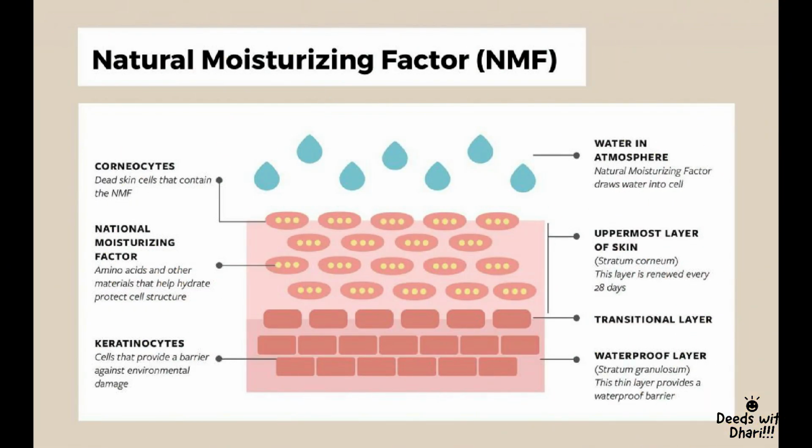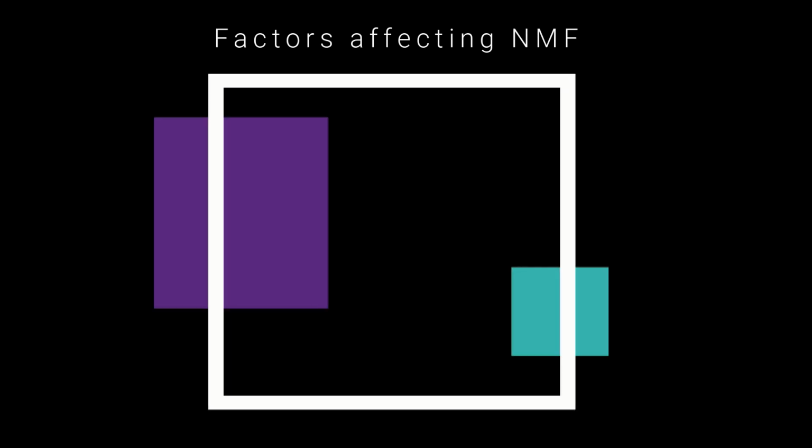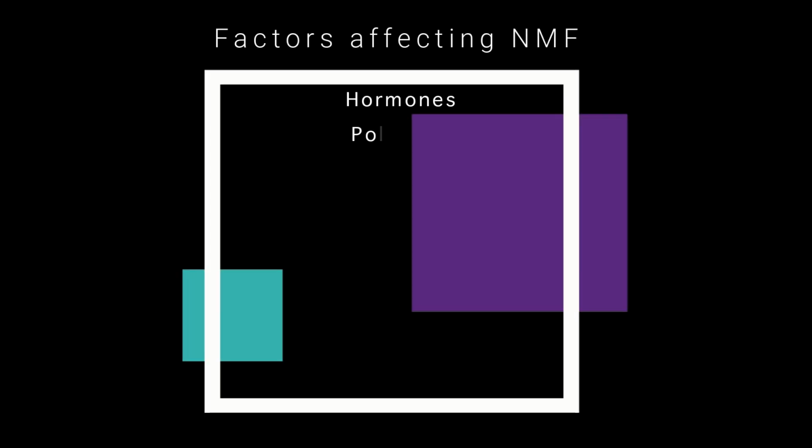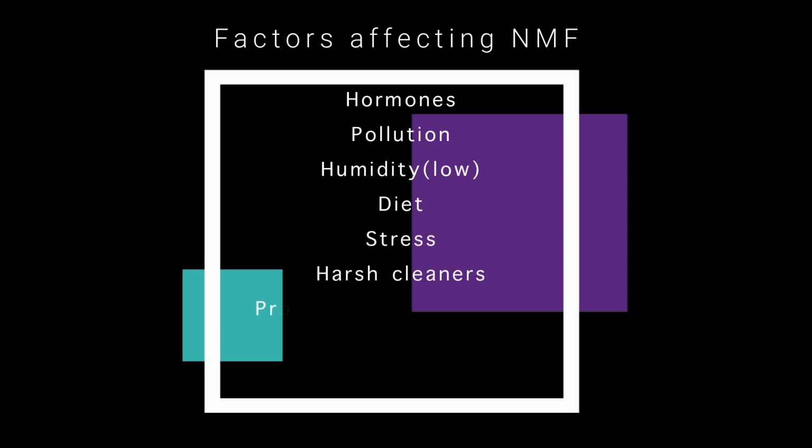This naturally occurring NMF helps by attracting water to the skin. Also, it decides what other elements can be allowed to penetrate the skin. Here are the things that could affect NMF: hormones, pollution, humidity, diet, stress, harsh cleaners, sun exposure, too much hydration, and aging.